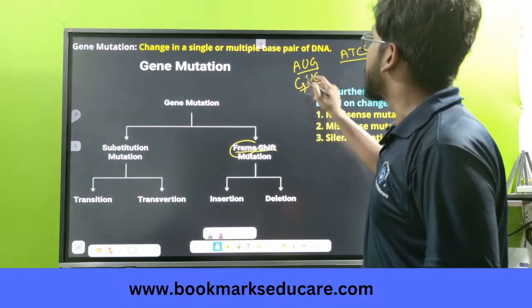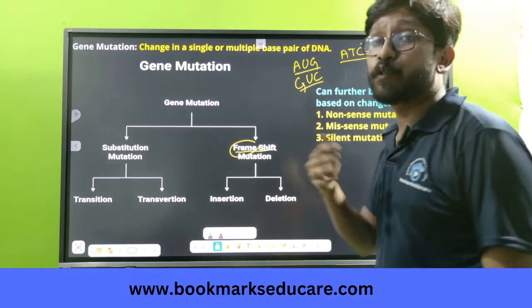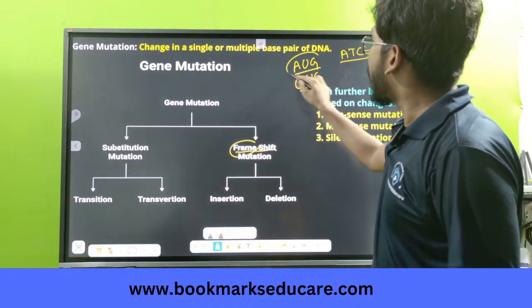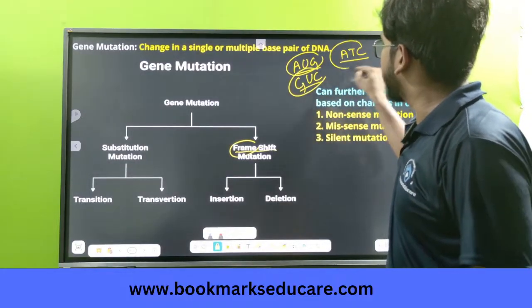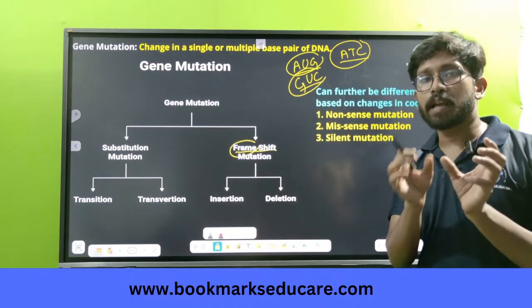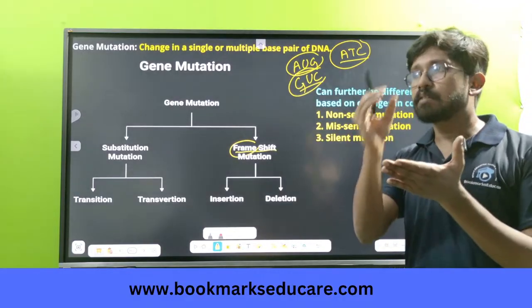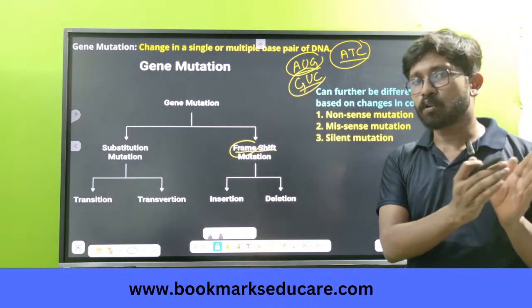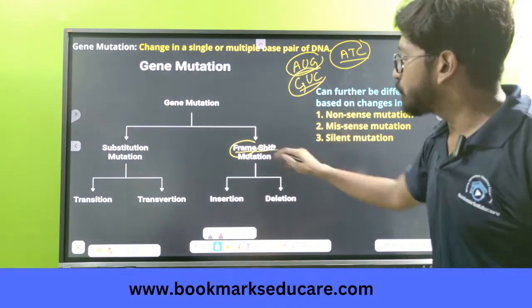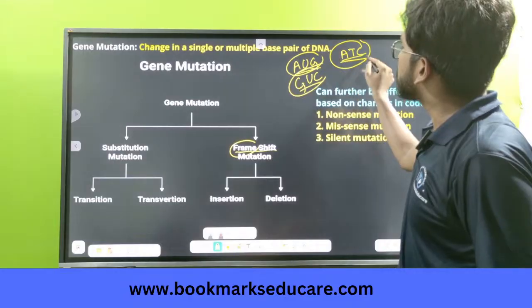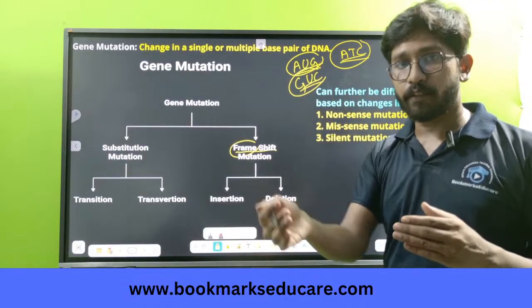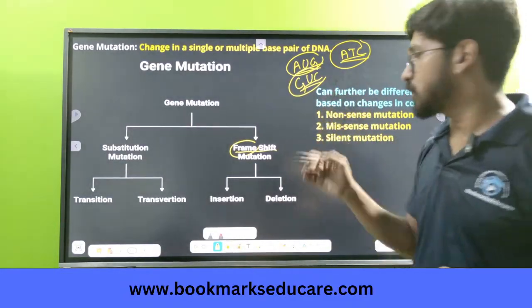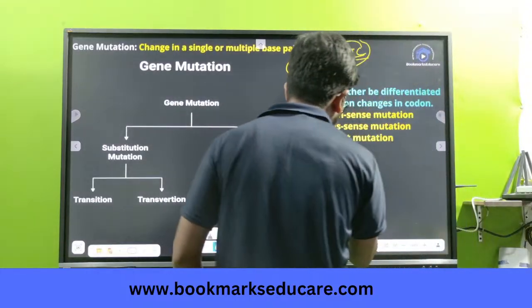This is called the reading frame, meaning one codon, another codon, another codon. We study codon with three different nitrogenous bases as one codon. So when frameshift occurs, the studying frame or reading frame of the codon changes. Let me show how.